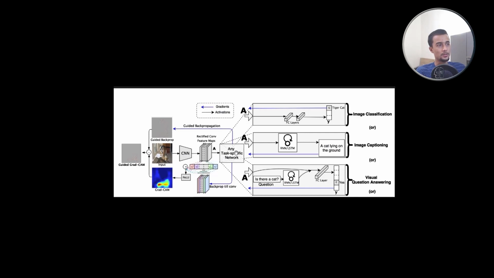Then, for example, in our case, we have image classification. So the output of the CNN is given to fully connected layers, which represent the head of the model. And finally, a certain class is predicted. The output is given here: we have tiger cat. So the model predicted that this image is of a cat.